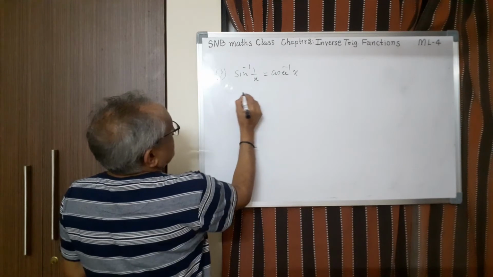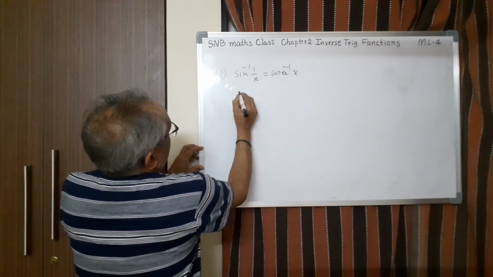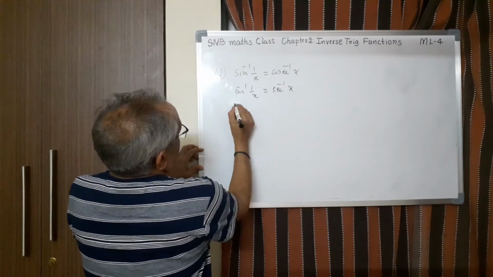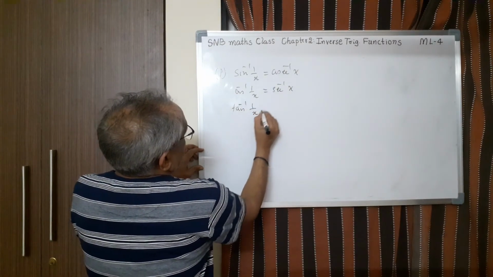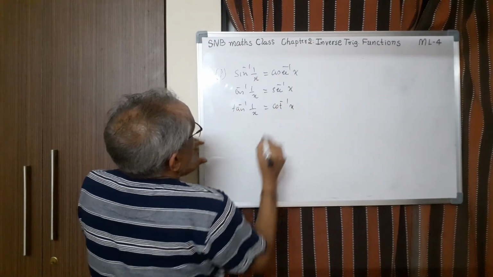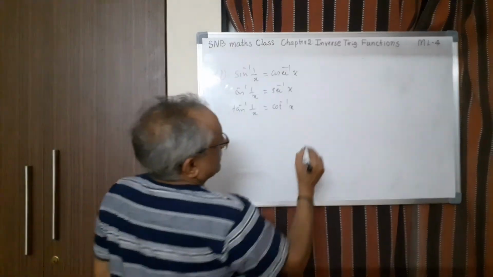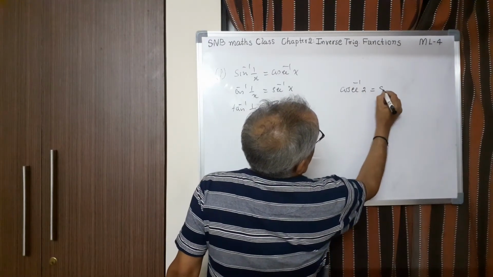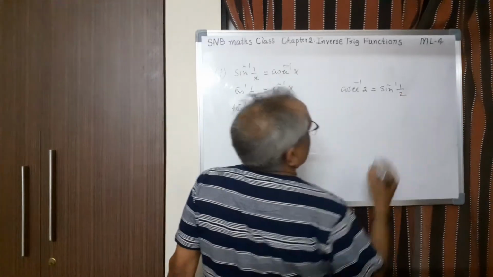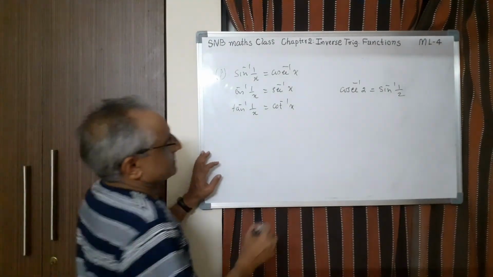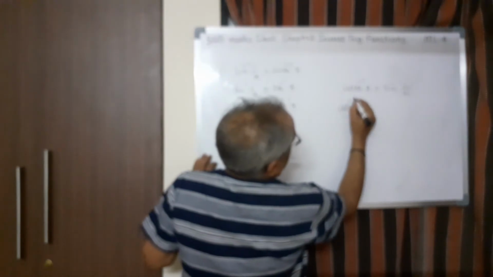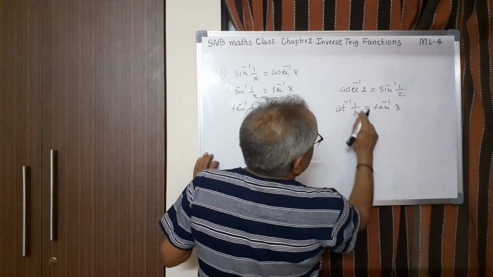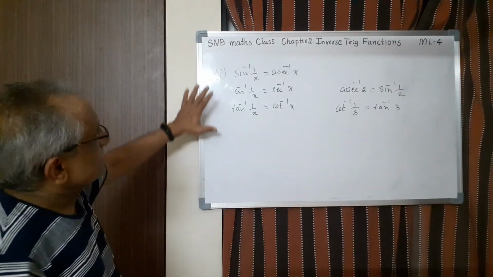The second one is the same thing: cos inverse 1 by x is the same as secant inverse x, and tan inverse 1 by x is the same as cot inverse x. For example, cosecant inverse 2 is the same as sine inverse 1 by 2. Same thing, cot inverse 1 by 3 is the same as tan inverse 3. Here they interchange, so reciprocal. So this is the first set.